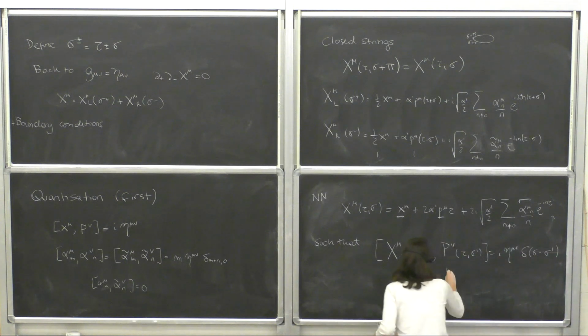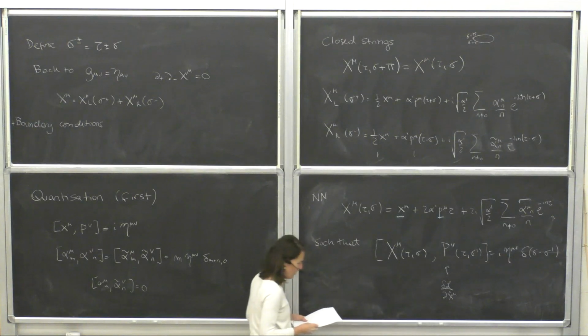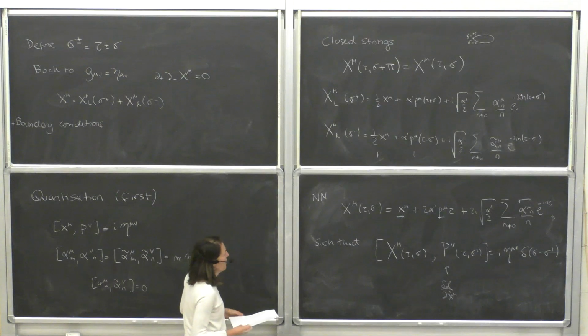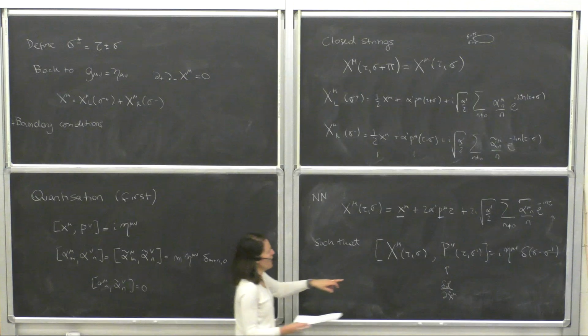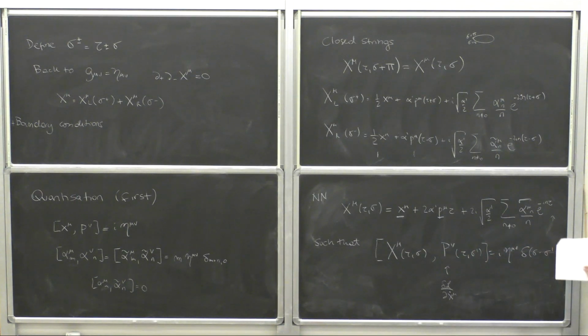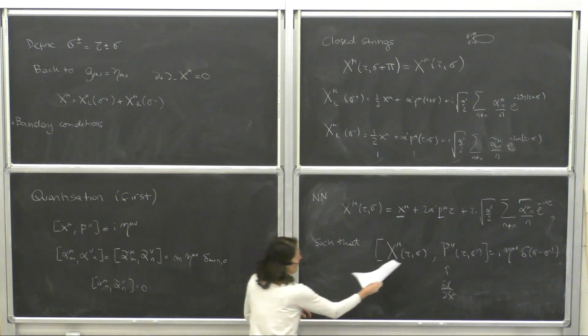And this P nu, so this is a derivative of the Lagrangian with respect to x dot mu. So with respect to the x mu d tau. This is an exercise to show that if you do these commutation relations, then you get this equal time commutator, and where, so somebody asked about locality, so you get a delta of sigma minus sigma prime. So this is non-zero for sigma equals sigma prime.